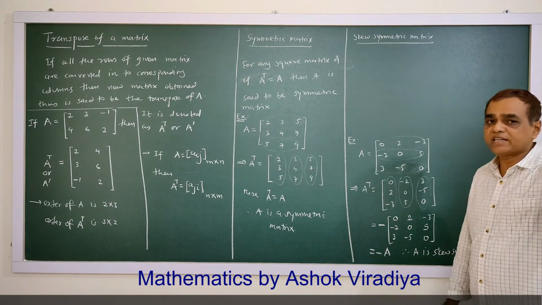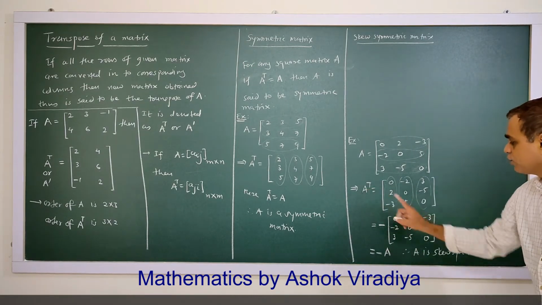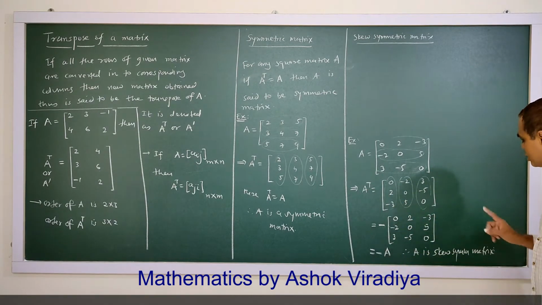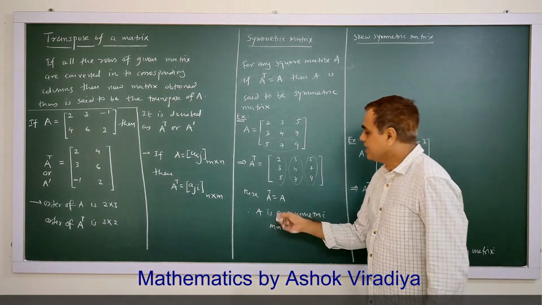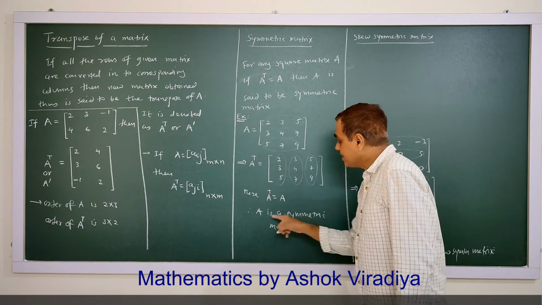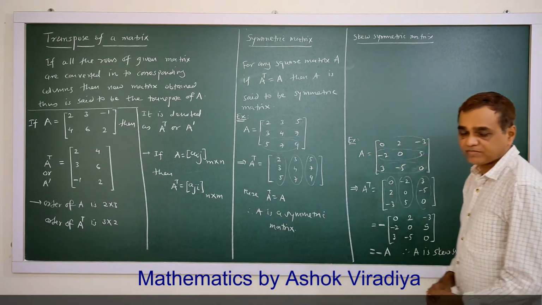For any square matrix A, if A transpose is minus A, it is a skew symmetric matrix. For any matrix A, if A transpose is A, then A is a symmetric matrix.